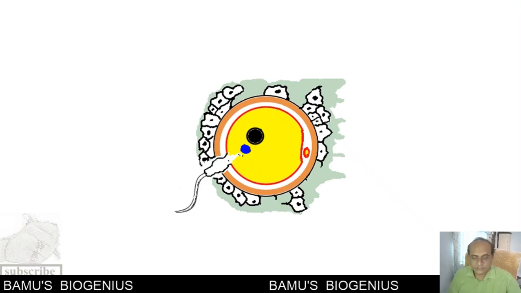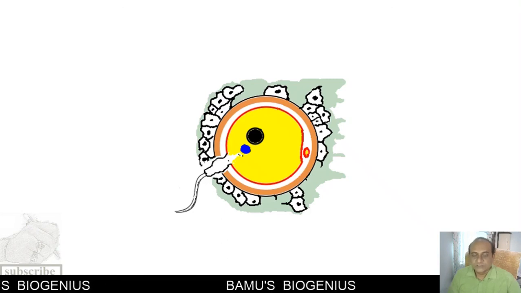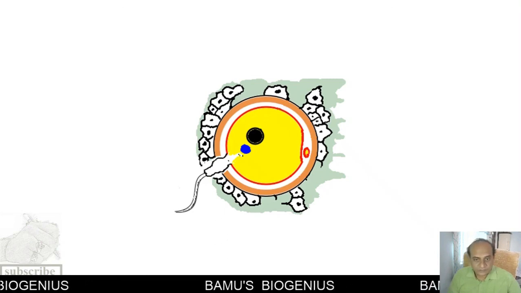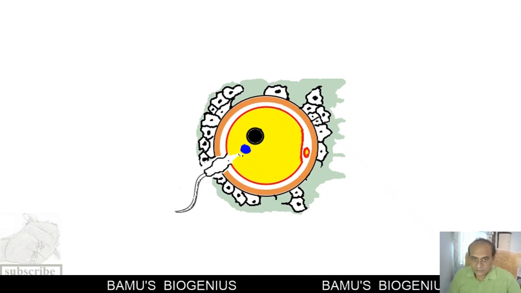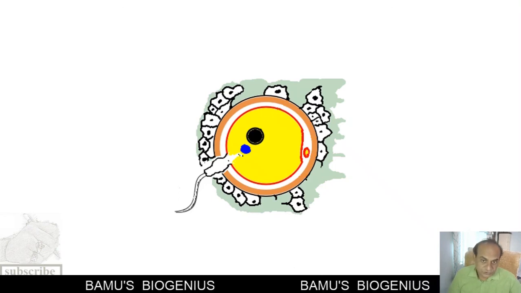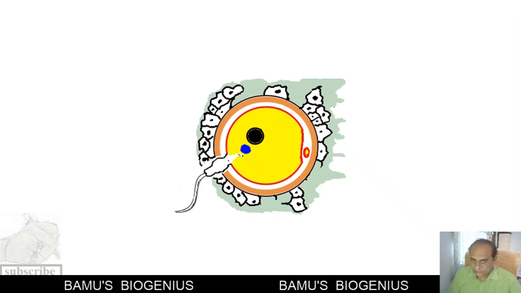It has been found that mice homozygous for the mutant fertilin are unable to fertilize, or unable to fuse with the egg plasma membrane. This is about the fusion in case of mammals, that is mice.